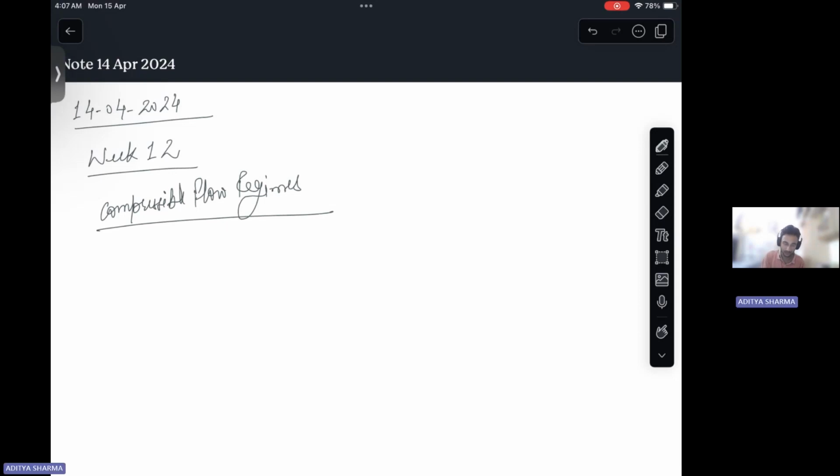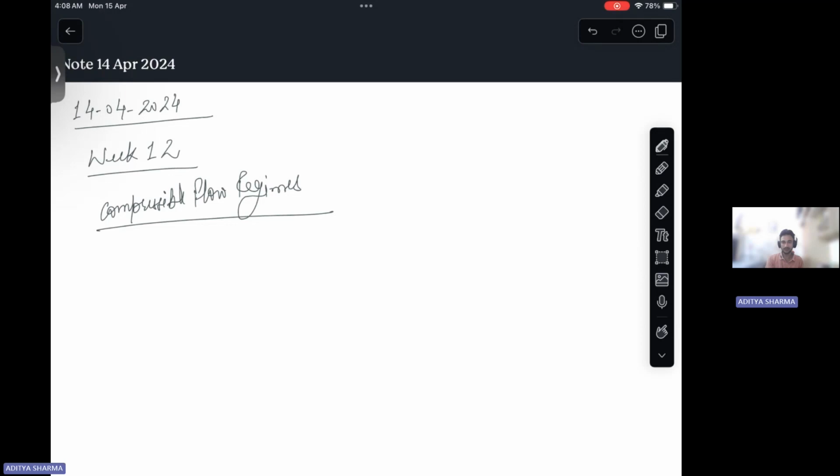Subsonic flow, that is Mach 0.3 to 0.8, or transonic flow, which is Mach 0.8 to 1.2, right? Then there is supersonic flow, for which Mach is greater than 1.2, and at last we have hypersonic flows, for which Mach is greater than 5.